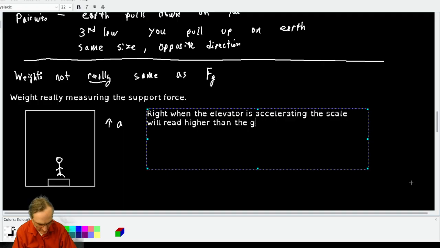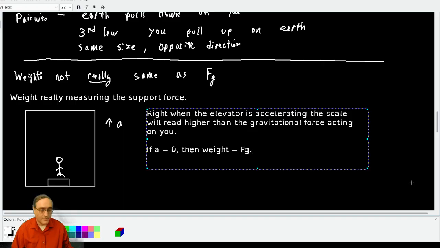And it will read higher than the gravitational force acting on you. If acceleration is equal to 0, then the weight is equal to the gravitational force. But if you're undergoing acceleration, the support force, the weight that you effectively have, is not going to be the same as the gravitational force acting upon you. It is going to be something larger or smaller depending on how you're moving.